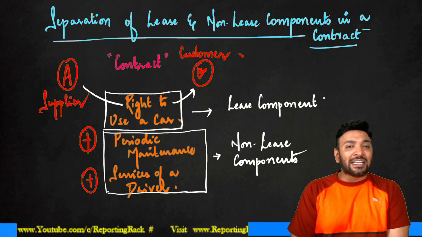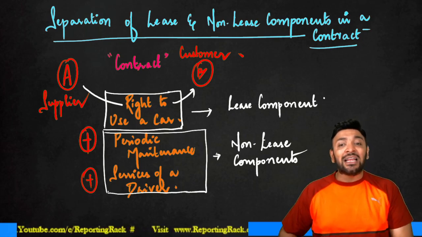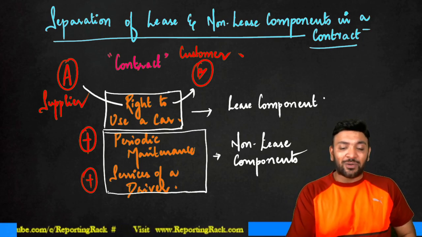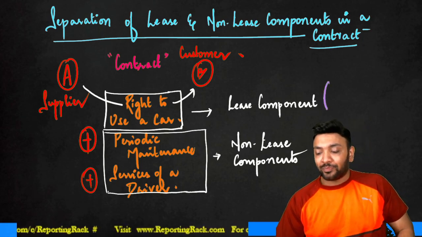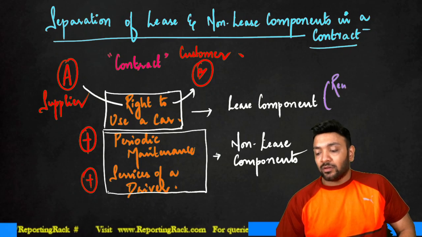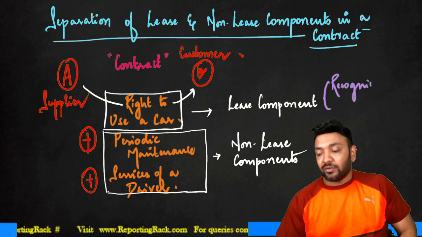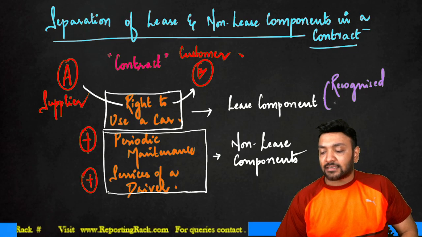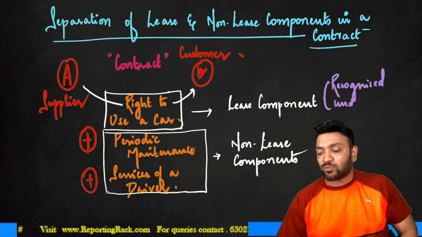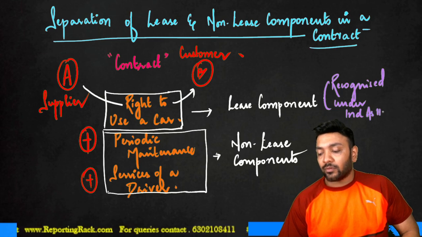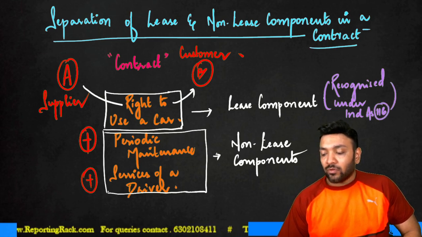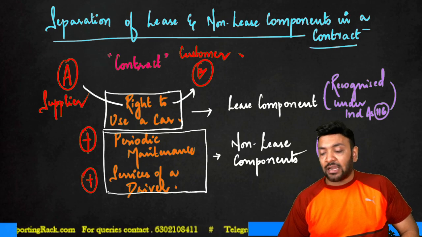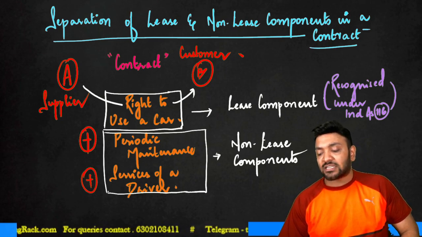If a contract contains a lease and a non-lease component, then the lease component should be recognized under IND AS 116, while the non-lease component is recognized as per the respective standard.